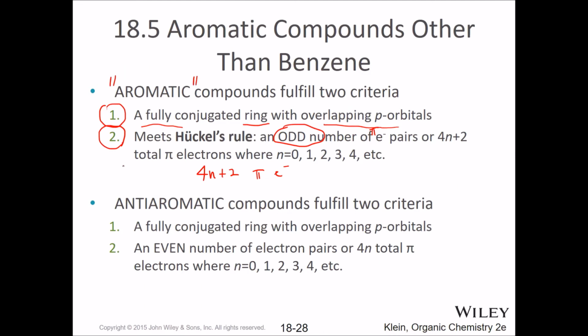Now an anti-aromatic compound fulfills exactly the same criteria, except it has a different number of pi electrons. It's 4n instead of 4n plus 2. Now the systems we're going to look at are mostly going to have 2, 6, 10 pi electrons.